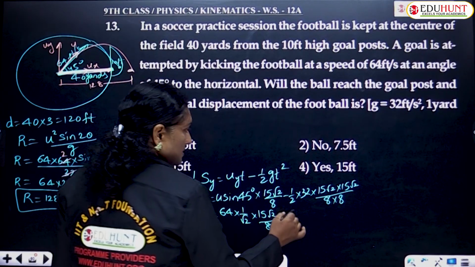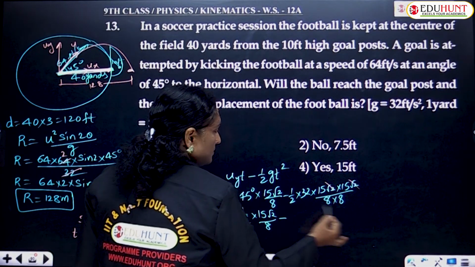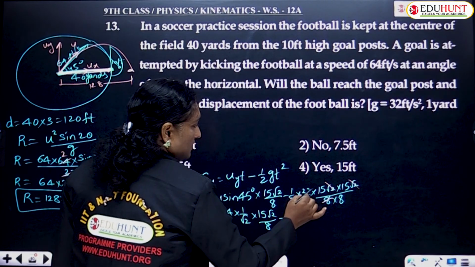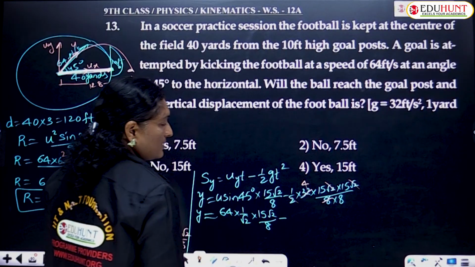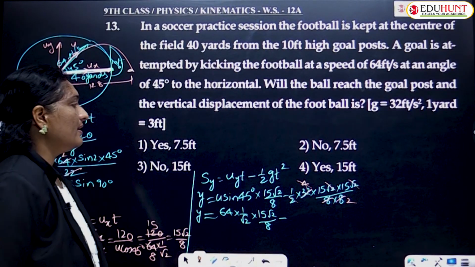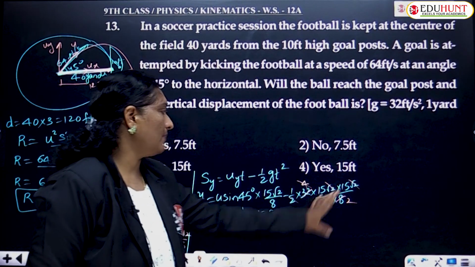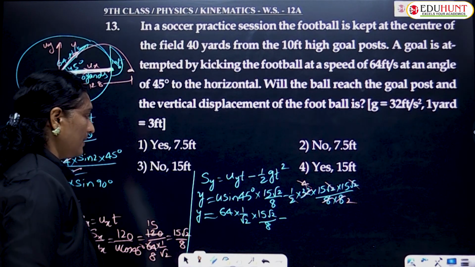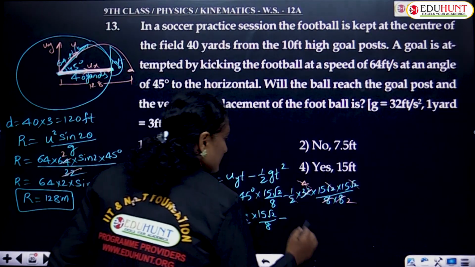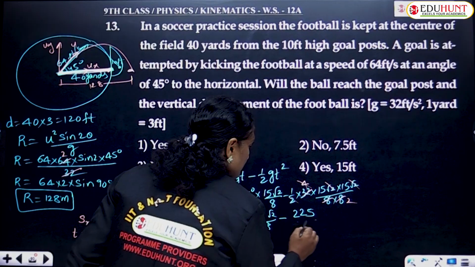Root 2 into root 2 is 2 and this 2 gets cancelled. Here 8 goes 4 times, 8 4s are 32, and this 4 goes 2 times. Finally you are left with 15 into 15 by 2, that is 225 by 2.